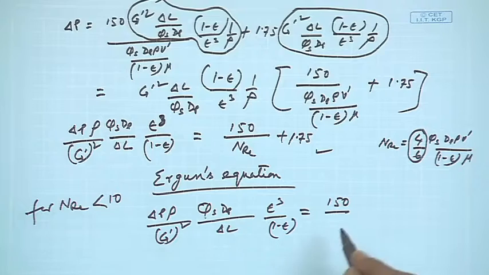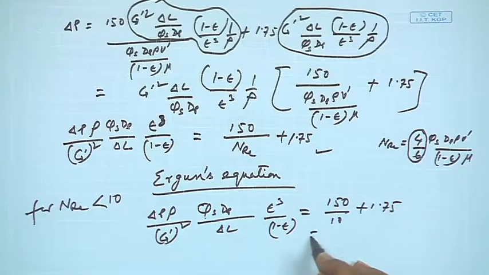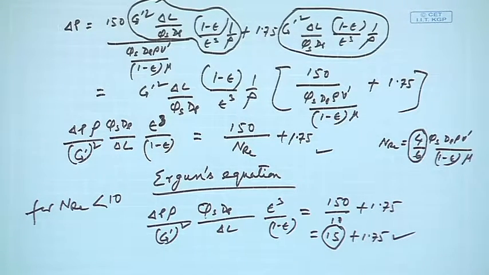So, let us take it to be maximum 10. So, this is 15 plus 1.75. So, compared to 15, 1.75 is negligible, right. So, for laminar flow, we can neglect the second term 1.75.